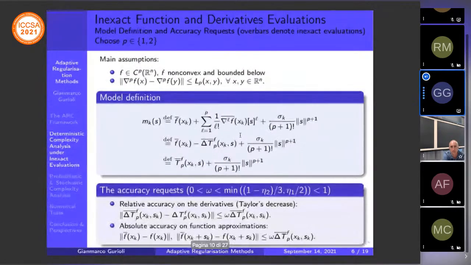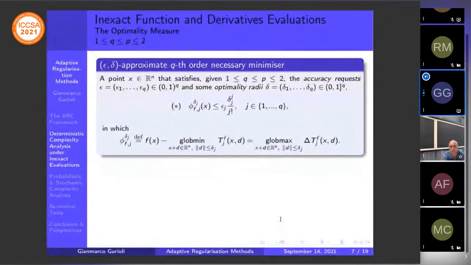We require a relative accuracy condition on the minus delta t bar, which is the sum in the Taylor series defining the model including the derivatives, and an absolute accuracy requirement for the function estimates, still measured by the same right-hand side terms.